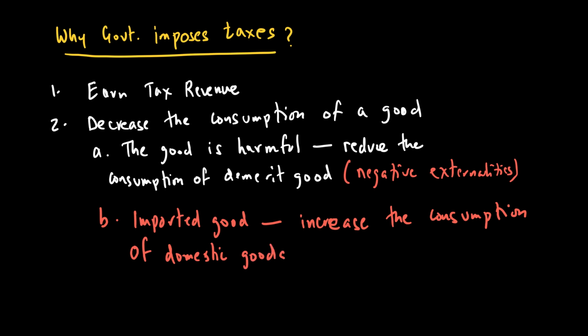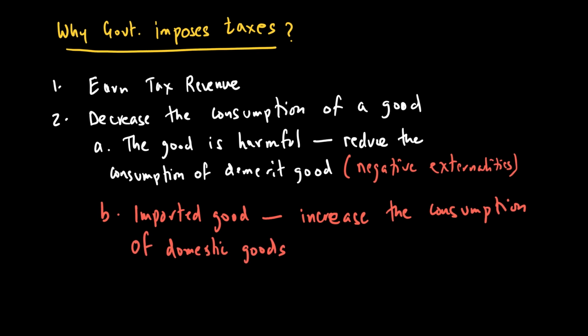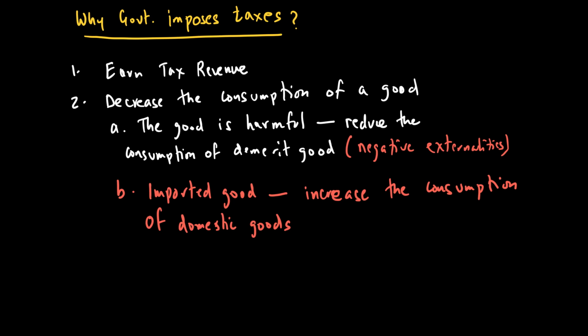And this may be important for increasing employment in the domestic sector because of imported goods. Let's say we are suffering from unemployment, or because of imported goods we are suffering from current account deficits or other international trade issues, and we may want to put taxes, which are sometimes called tariffs, so that we could reduce the problem of too much imports from abroad.